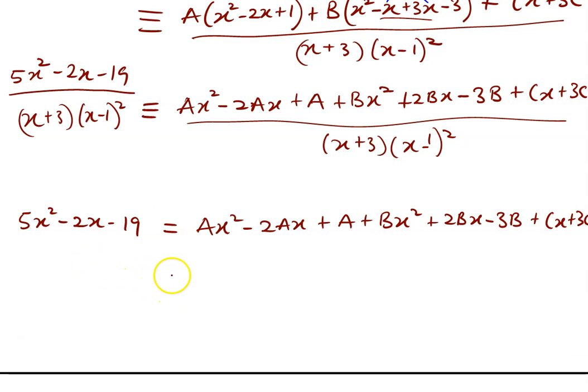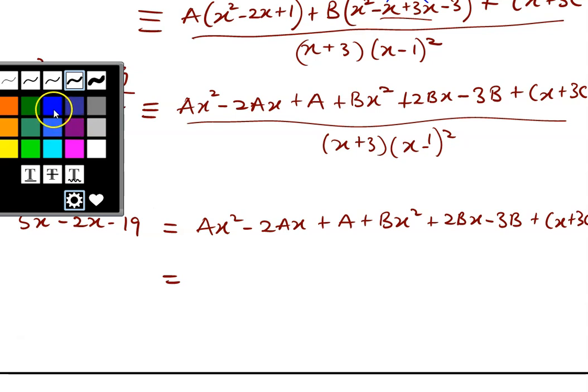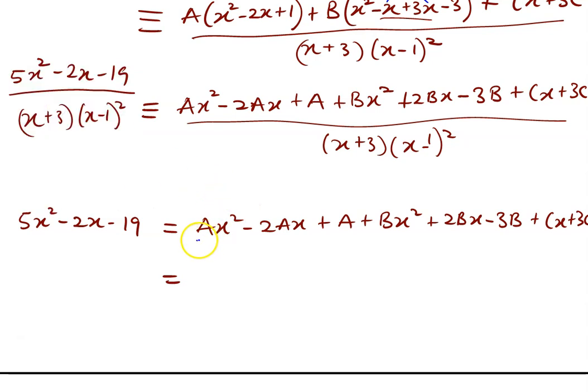Very good. So let me group the terms very well. Where there's an x squared, I'll bring them at one side, and where there is bx squared, I'll bring it to the other side. So you can see that we have ax squared here, we have bx squared here. I think those are the squares that we have, right? So let me write them again. I have ax squared plus bx squared. Now we are moving on to the x parts. So I have minus 2ax here, and I have plus 2bx, then I have cx.